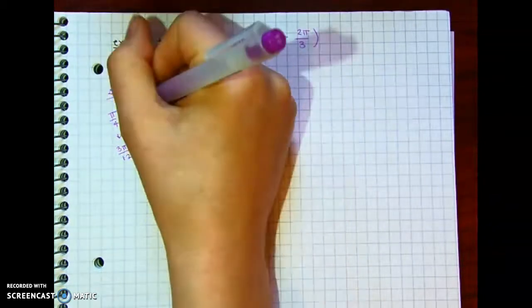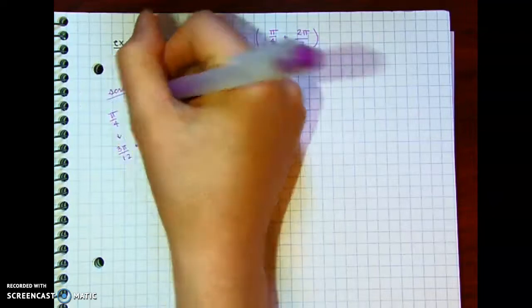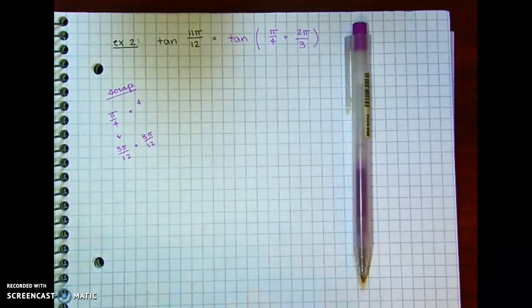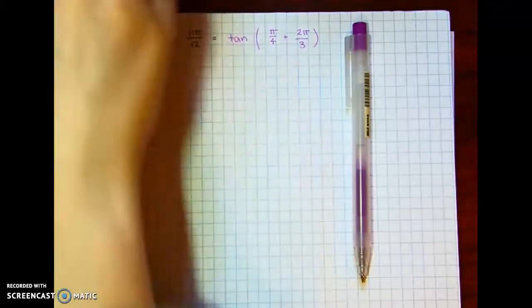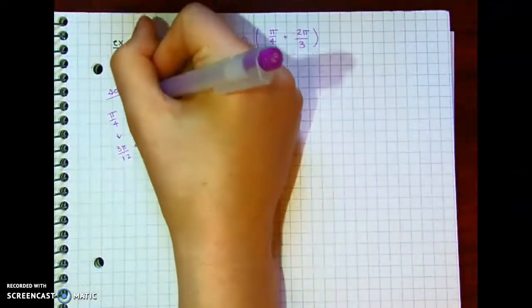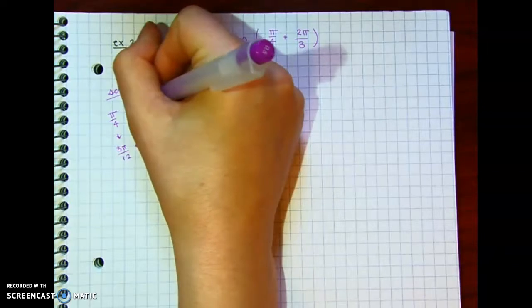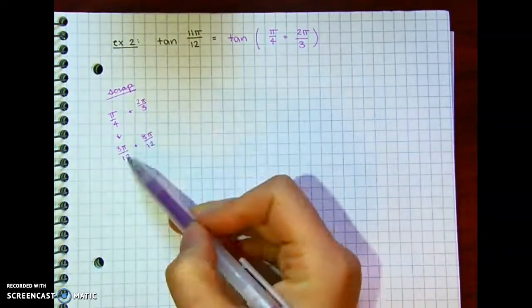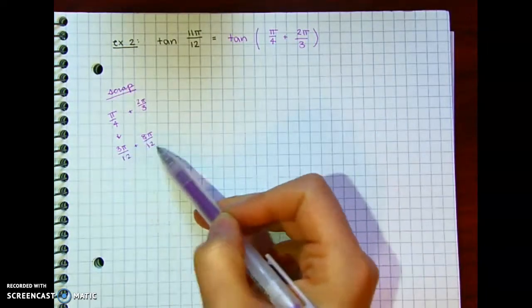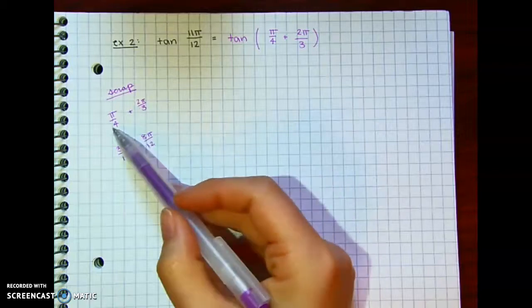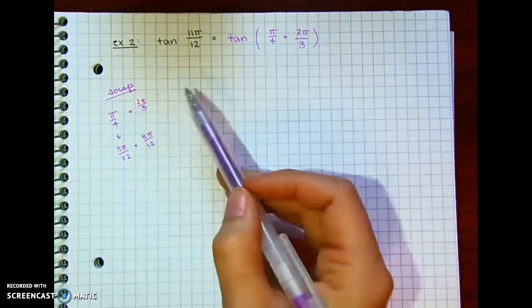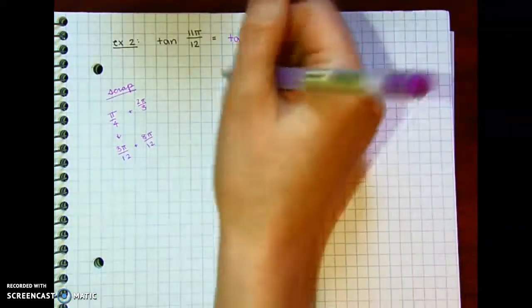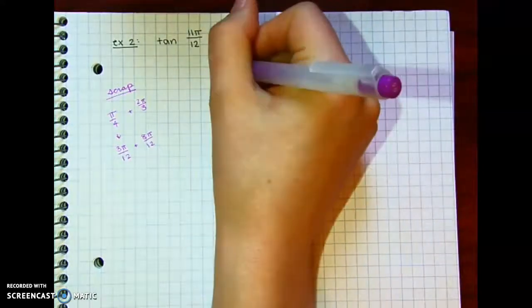And that reduces to 2 pi over 3. So sometimes thinking of it in terms of denominators of 12 first can help you, and then you just need to make sure that the two angles you're choosing are on the unit circle. Alright, so that's probably the hardest part.